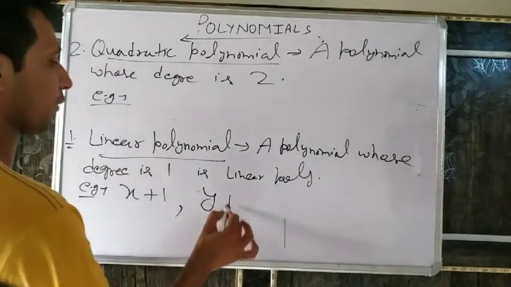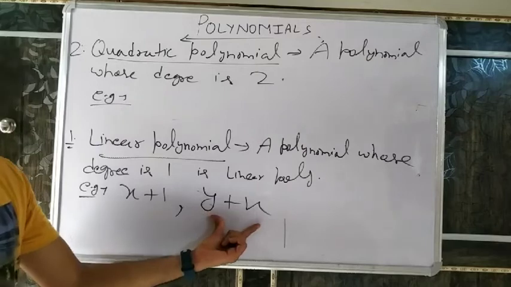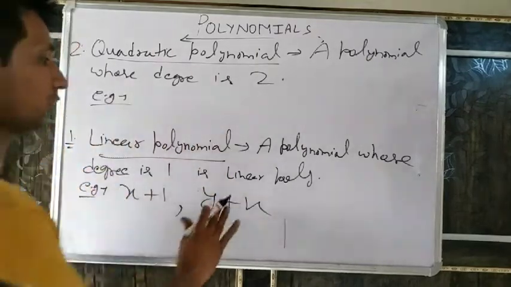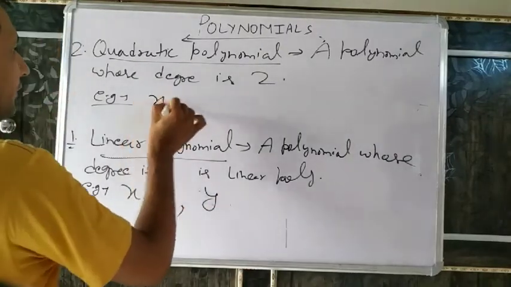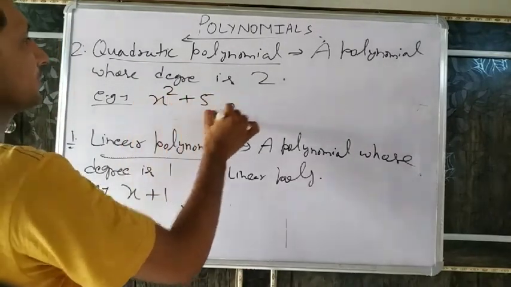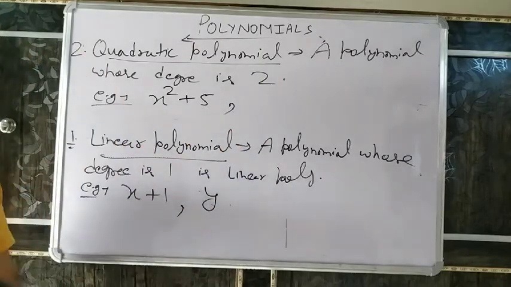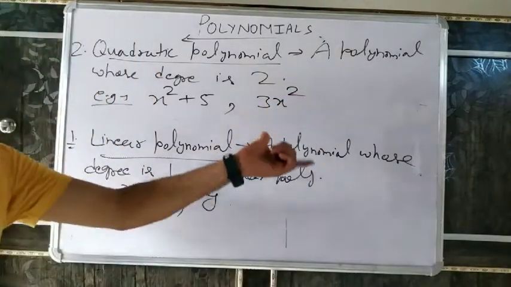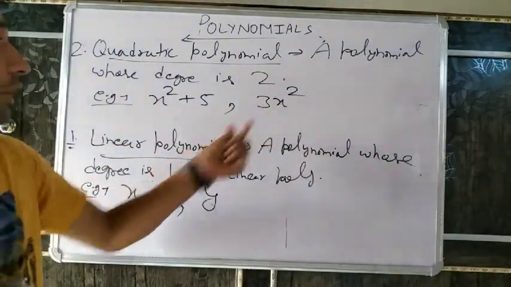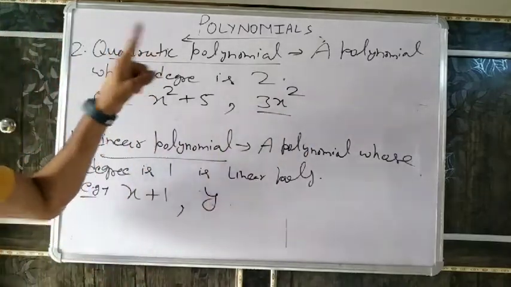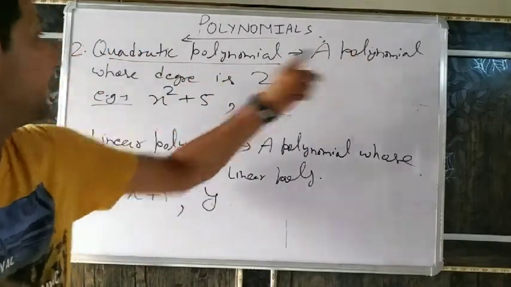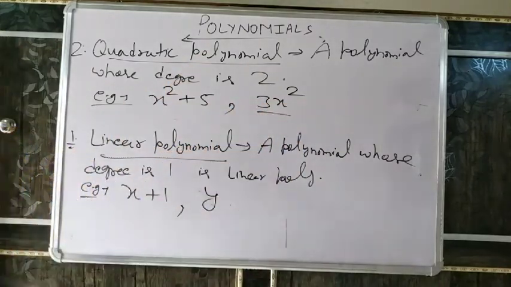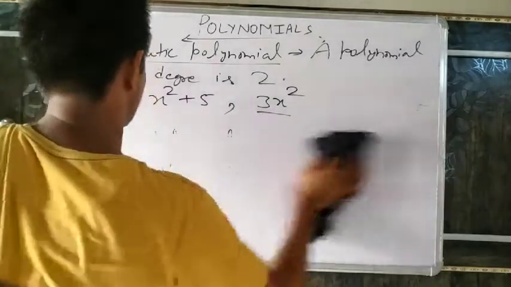You cannot write x plus y. No, there are two variables. Understand? It is a linear polynomial, but we are discussing only one variable, and here there are two variables. So x square plus 5. Yes, it is a quadratic polynomial. Now next, 3x square. Yes, it is also. Don't check the terms here. Here the only term is 1. But in a quadratic polynomial, the degree is 2. What is the degree? The highest power of the variable, 2. Yes.